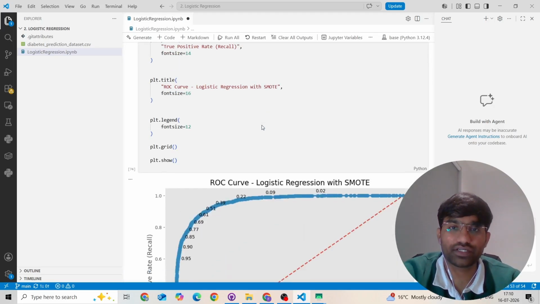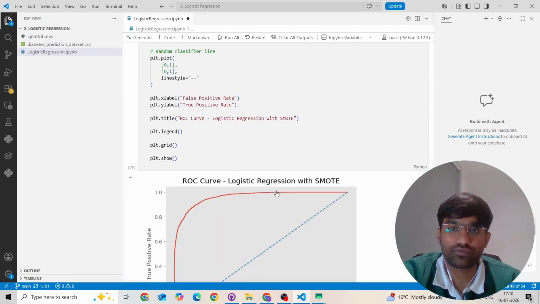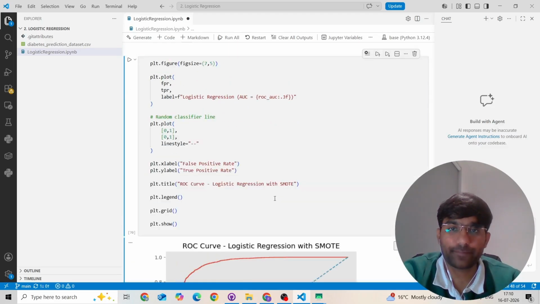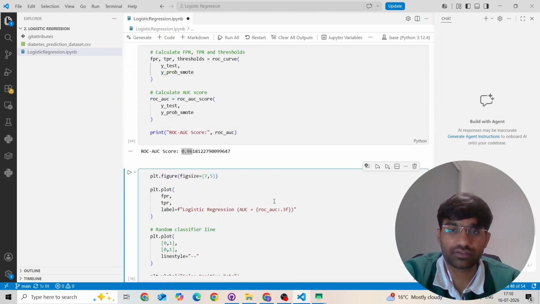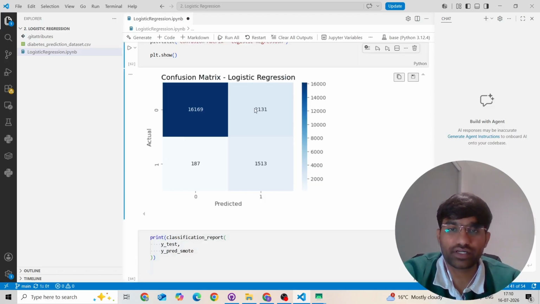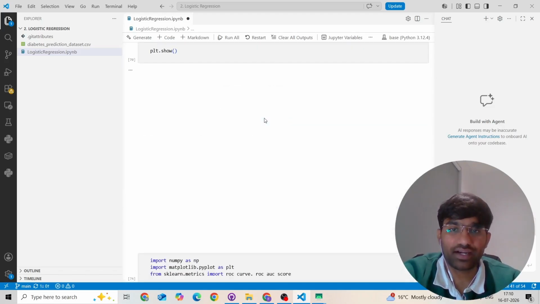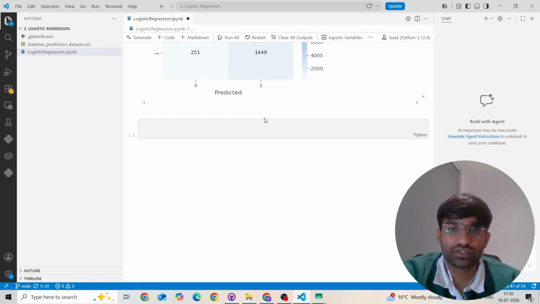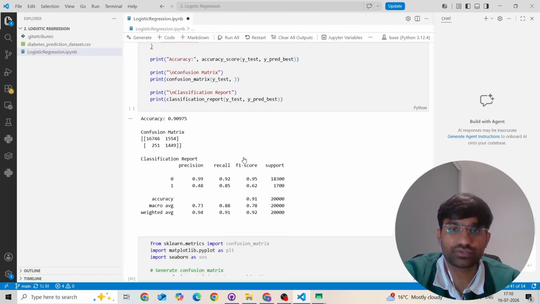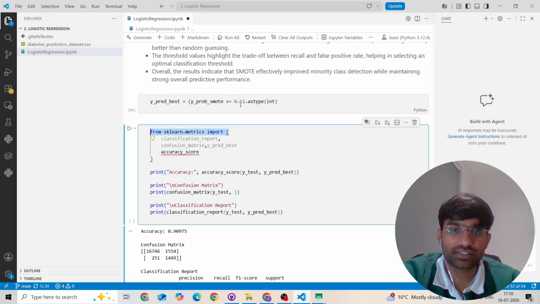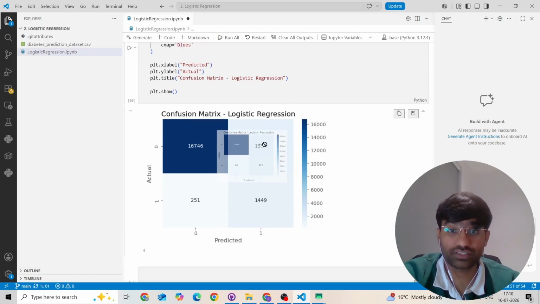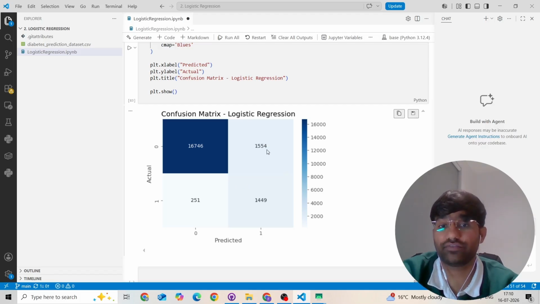When my threshold was 0.5, the false positives were 2131, and when I changed my threshold to 0.6 and plotted the confusion matrix, false positives decreased to 554.